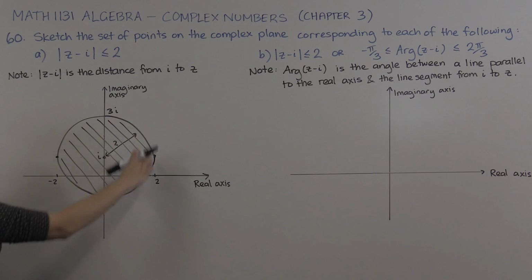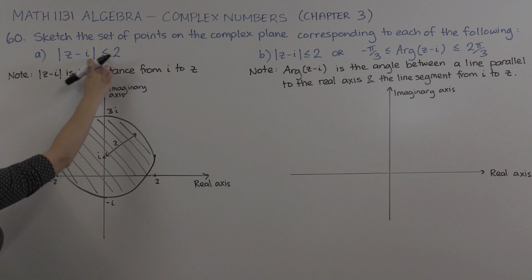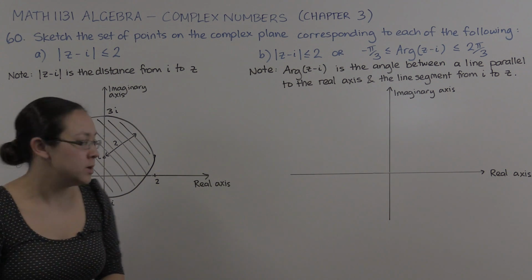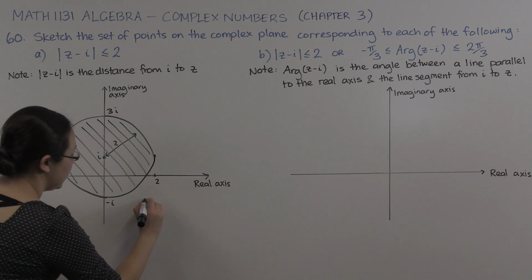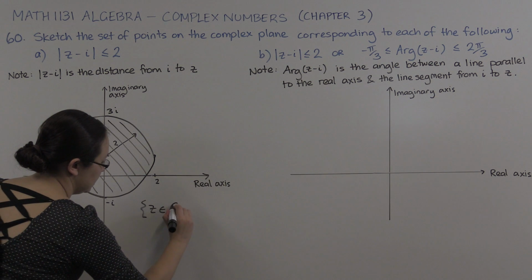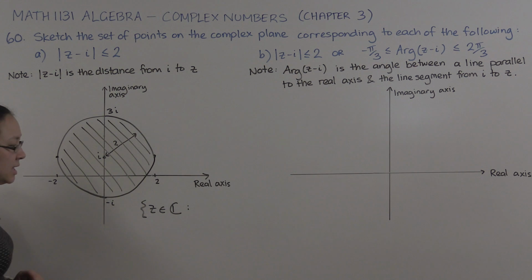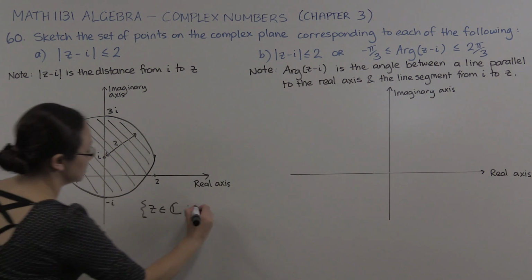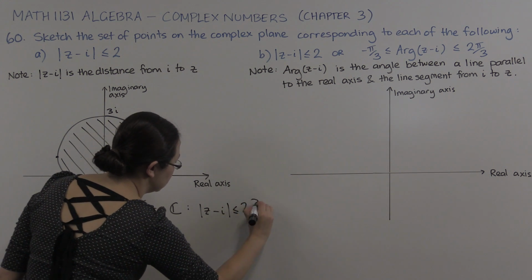A disk of radius 2, center i, and we're including the boundary because this is a less than or equal to. If we were writing it, we have the set of all numbers in the complex plane, so all z in C, such that z minus i is less than or equal to 2.